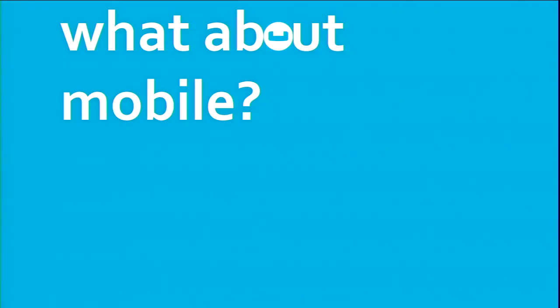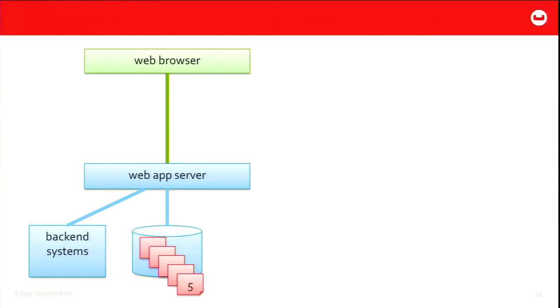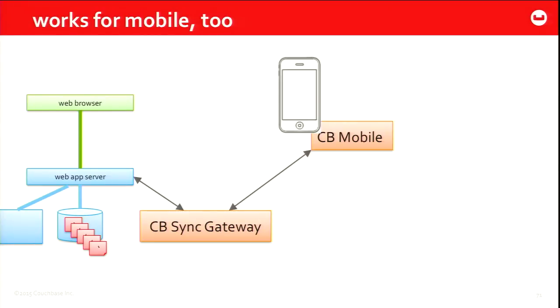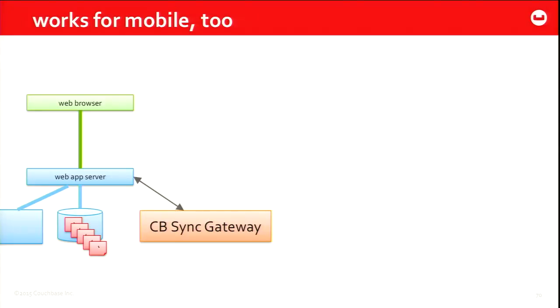But what about mobile, right? So this is the picture we've been looking at before with the classic web browser, web server. Let's push that off a little bit, make some more real estate on this diagram. And you can deploy things like Couchbase Sync Gateway now, right? So now your web app server, your server-side business logic, is a client of Sync Gateway, and you can have one or more Couchbase mobile clients connecting up to the Sync Gateway.